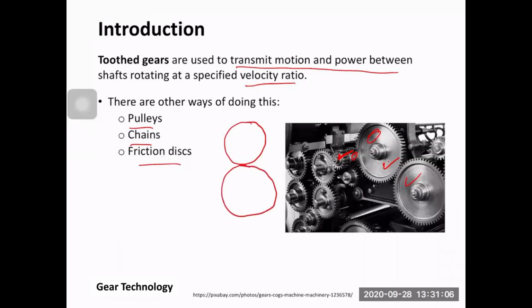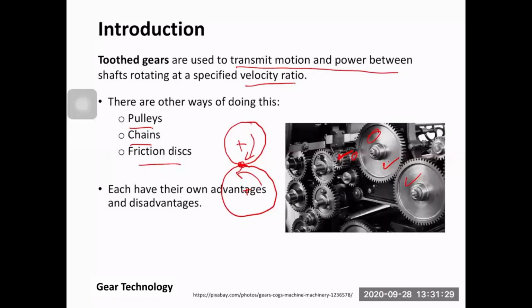When this rotates in this direction, this will rotate in this direction, and the motion and the power can be transformed between them. Okay, each and every one of these methods has its own advantages and disadvantages, of course.